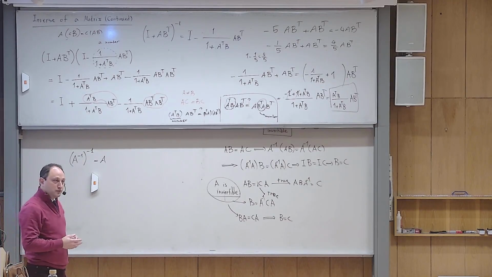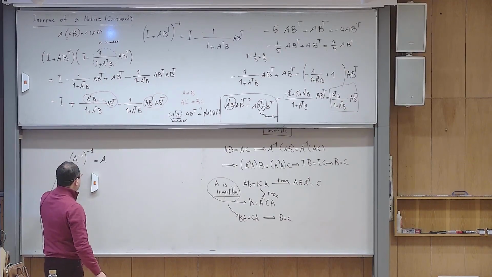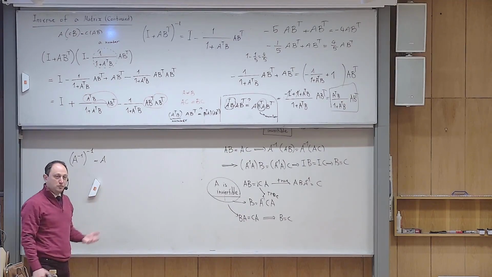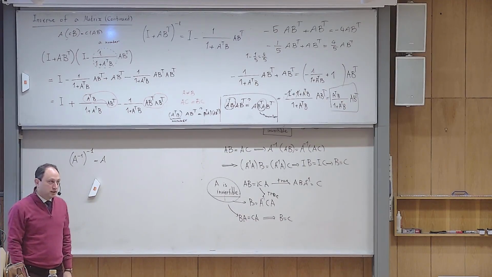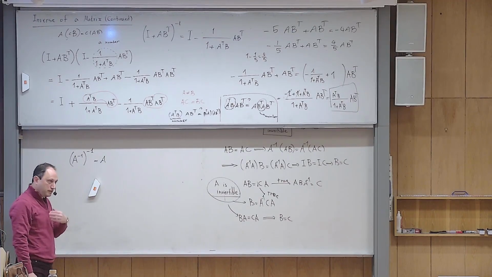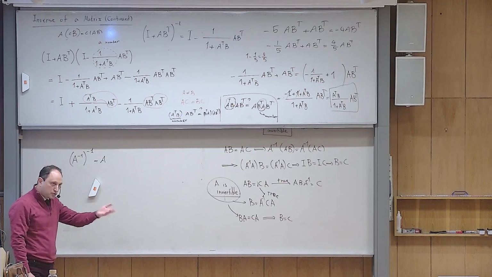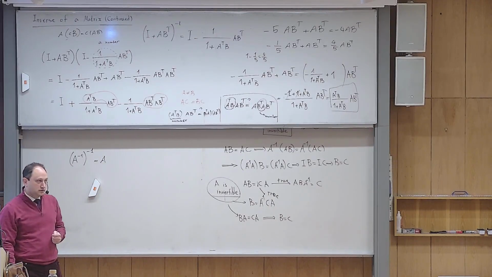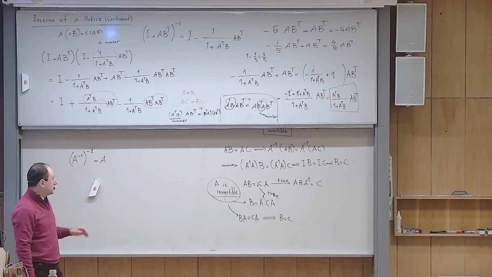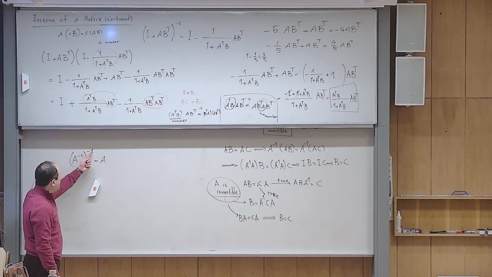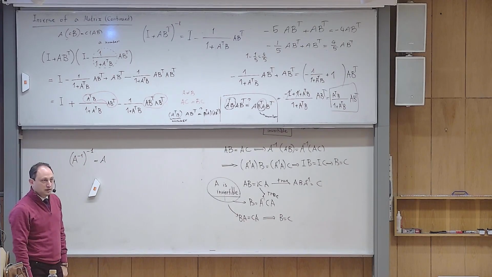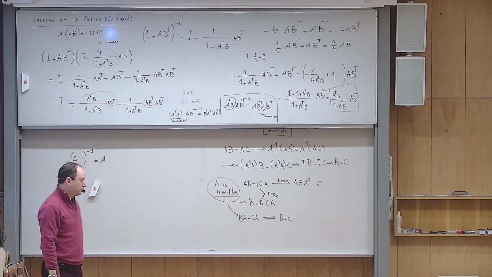I told you that when the inverse of a matrix is proposed and you want to prove this is true, it is extremely simple. What should I do? I need to multiply my matrix by the proposed matrix and show that this is the identity matrix. Is that clear? So here, I am proposing the inverse of this matrix to you, and you are supposed to confirm that. So remember this, don't forget about this.